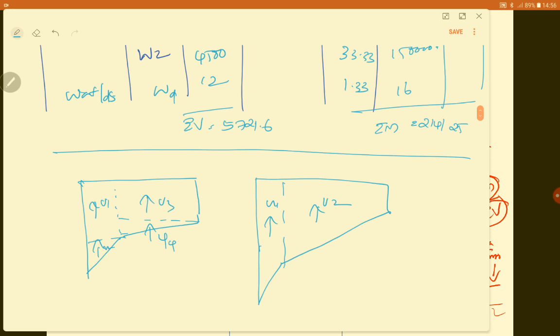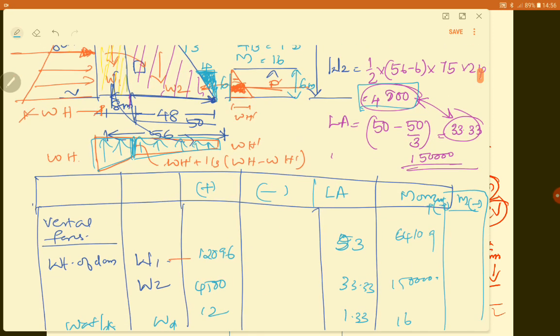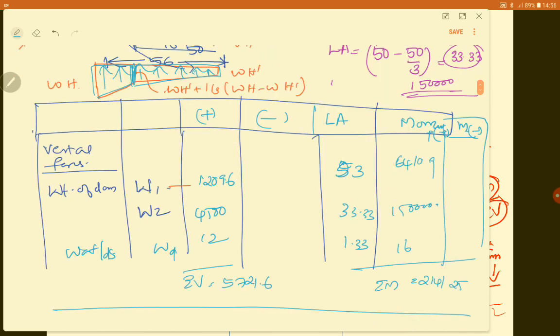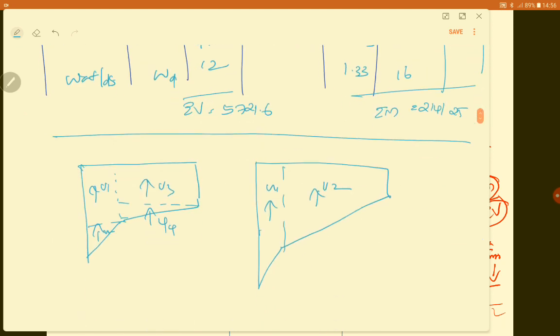U1 will be equal to, first let us find the values of WH and the other terms. What is WH? This complete value will be equal to W into H. What is W into H? 80, right? Now, what is this value and this value? First, you have to find these two terms separately. What is this ordinate?